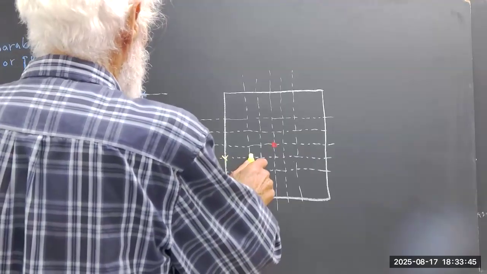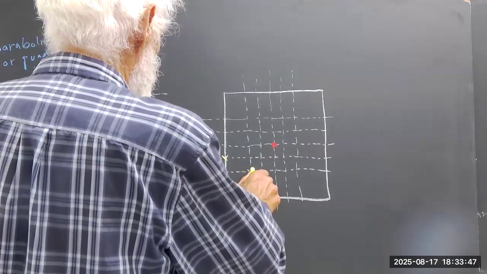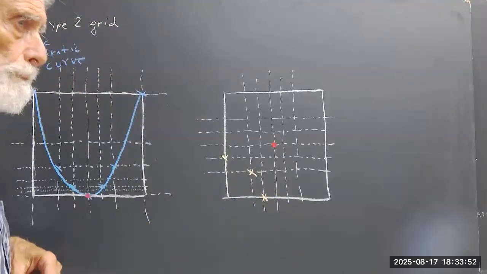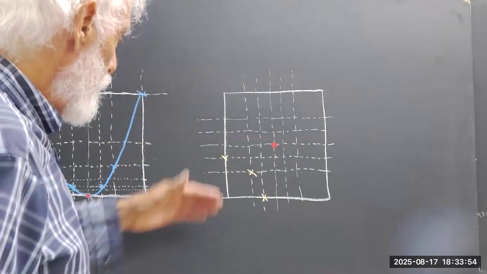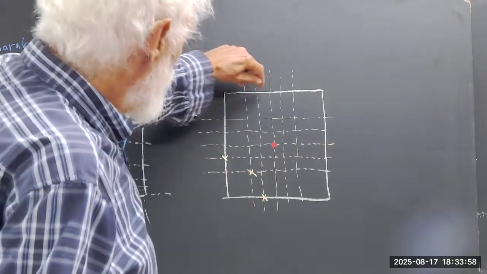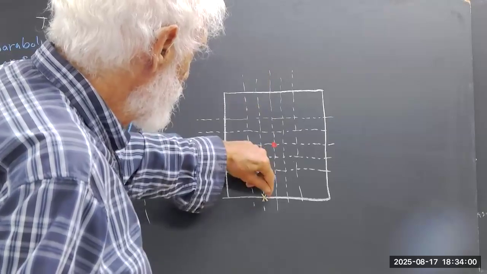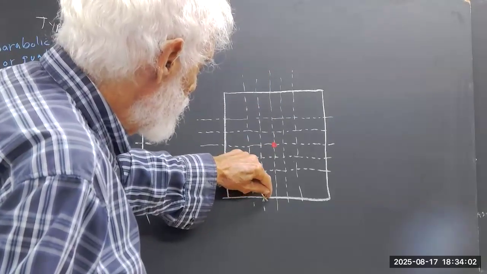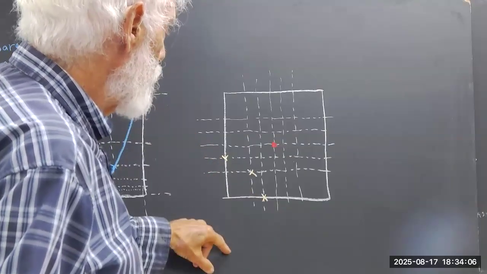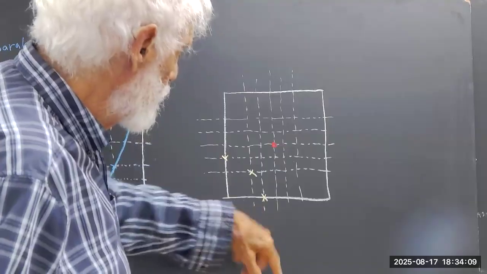Then we move one line to the right, one line down, one line to the right and one line down. Now notice we're going to the right and down, to the right and down. We could do another line halfway between this and the center. We could go one to the right and one line down. The lines are getting twice as far apart, so the next point would be way down here.